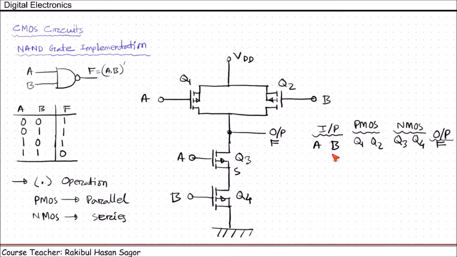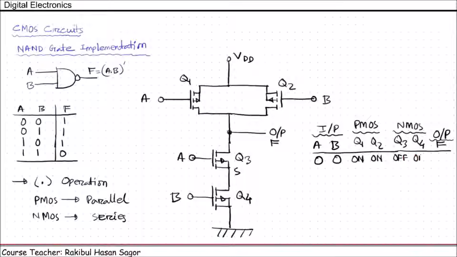That is F. If we draw the truth table for different input cases, whenever A equals 0, B equals 0, what will happen? Whenever we are giving A 0 and B 0, PMOS will be on and NMOS will be off. So this PMOS will be on, this will be on, this will be off, and this will be off.